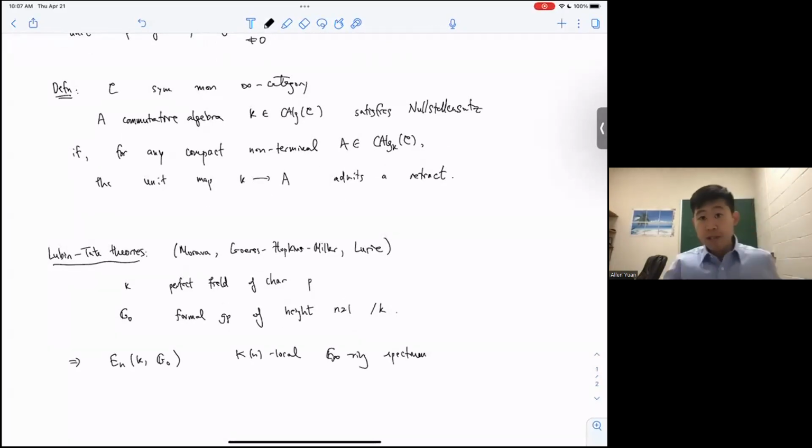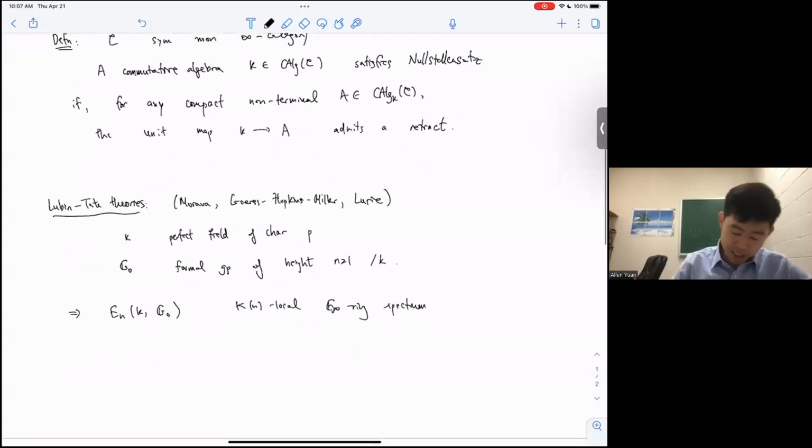So a priori, this construction certainly depends on the group G0, but for the rest of this talk, we're essentially going to be interested in the case when the field K is algebraically closed.